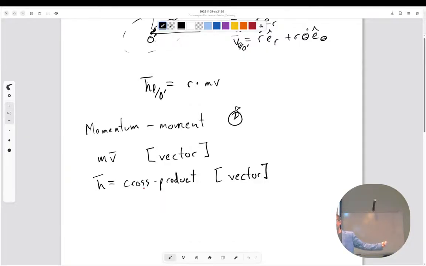Where is it pointing? Around? Right hand rule, right? So it's pointing up in this case, because if I take the right hand rule and twist it around, it goes straight up. We have angular momentum pointing straight up. If I spin the other way, it's straight down. So that's our angular momentum. It's kind of weird because it's describing the axis of rotation. Like, what is it rotating around?